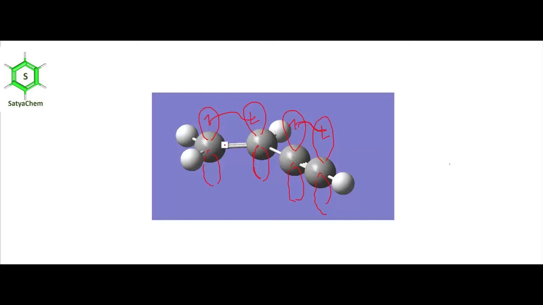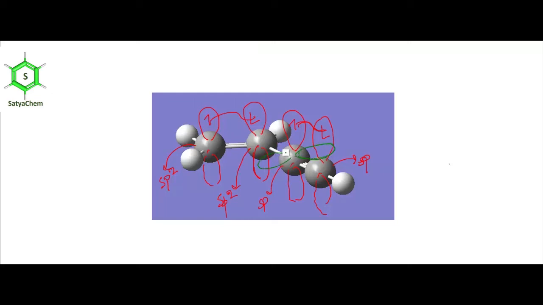These two carbons are sp2 hybridized. When the number of pi bonds arising from a carbon is 1, it is sp2 hybridized. But the number of pi bonds arising from these carbons is 2, so these two are sp hybridized. Now I have to show you the other pi bond of this carbon.